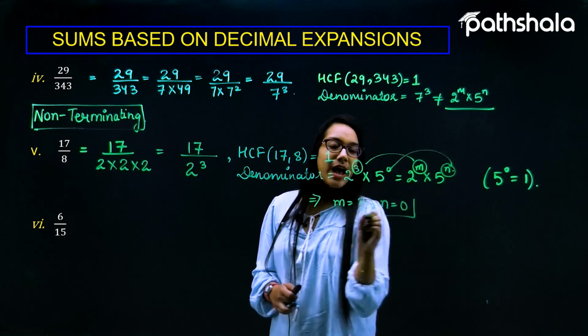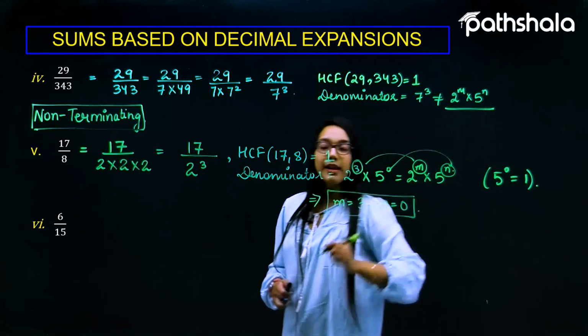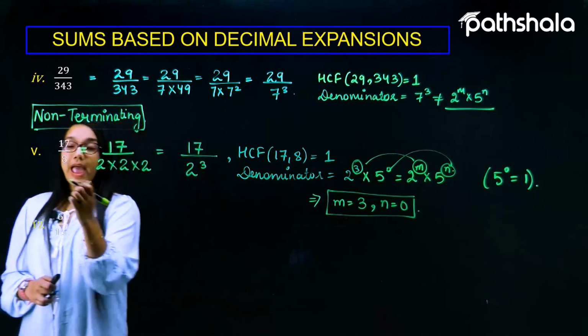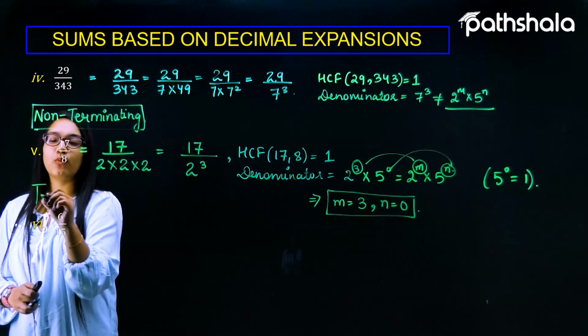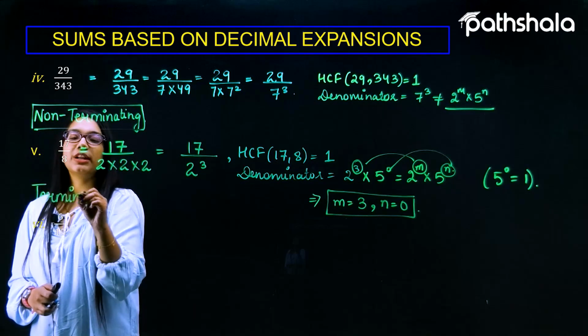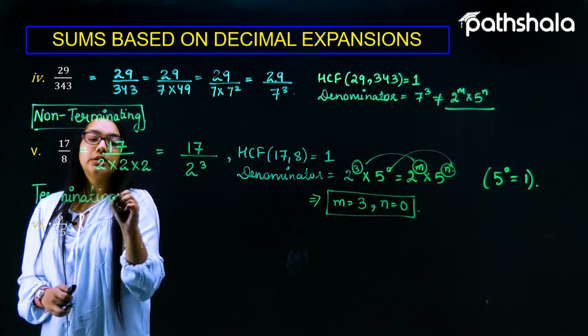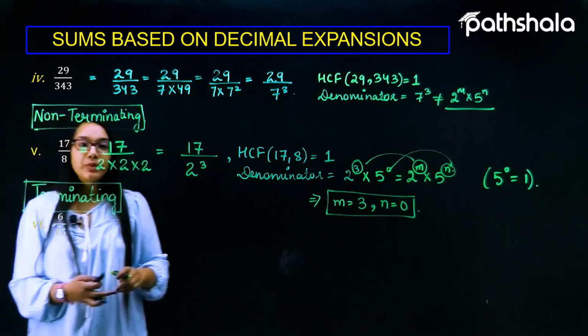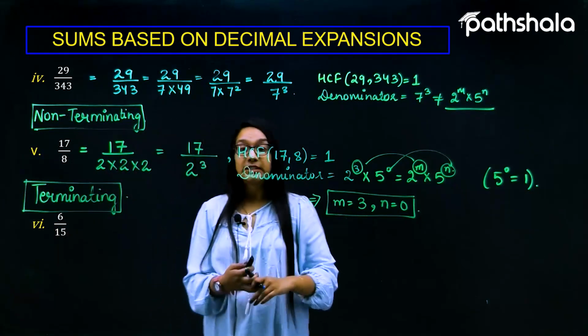So the denominator is expressible in the form of 2 raised to the power m into 5 raised to the power n. Hence it is a terminating one. So the answer for the fifth one is terminating.